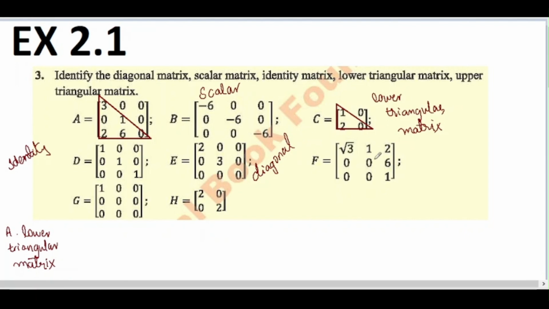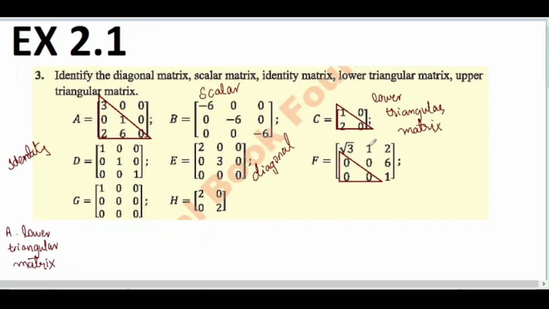For part F, you can see that there is a triangle, the lower triangle is basically 0, and the upper triangle is containing 0 and non-zero elements, and you can see in the upper triangle that the diagonal entries, which are the question mark entries, have at least one non-zero element.